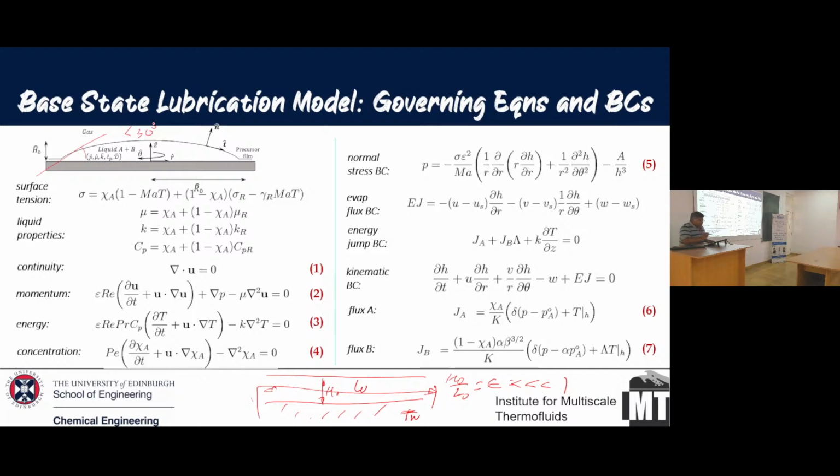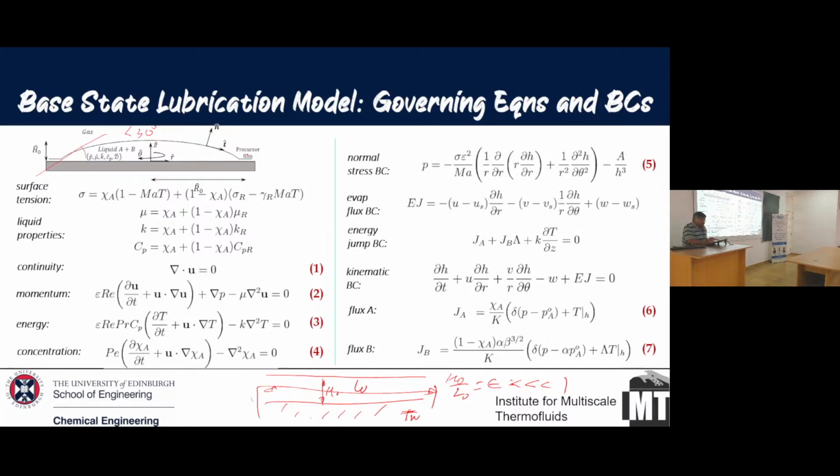Then you've got this apparent contact angle, and what we assume is, if you have a volatile mixture, A and B, A being volatile, B also being volatile, there is always a precursor film on which it will sit. It won't be just sitting on its own.